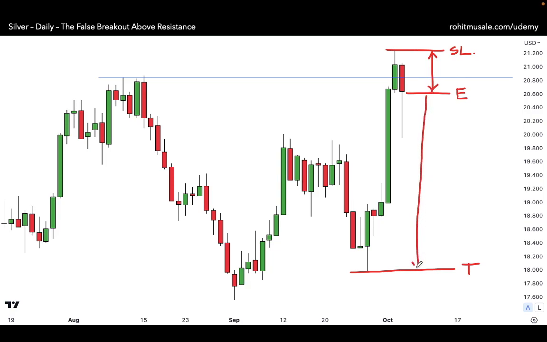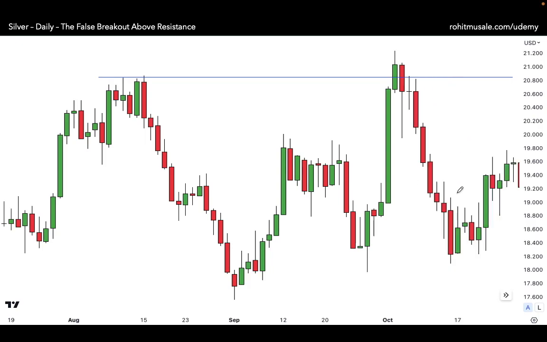So if you look at the reward to risk ratio, this is your reward, this is your risk. I think you have a 4 to 1 or probably 3 to 1 reward to risk ratio on this trade. So let's see what happens next.